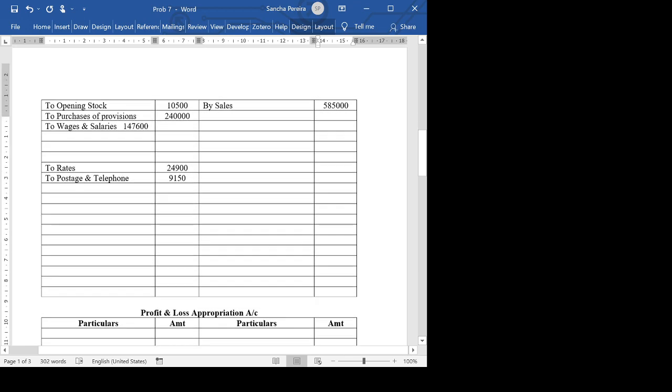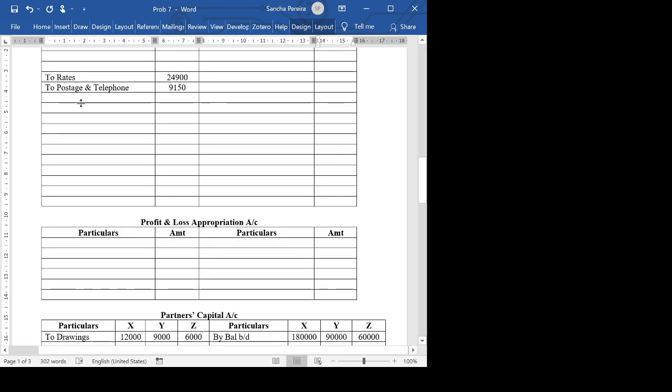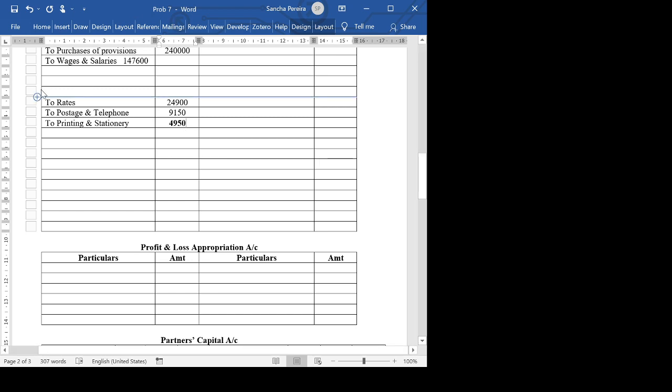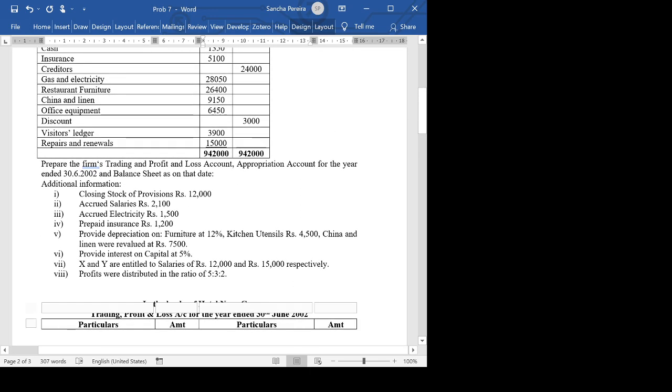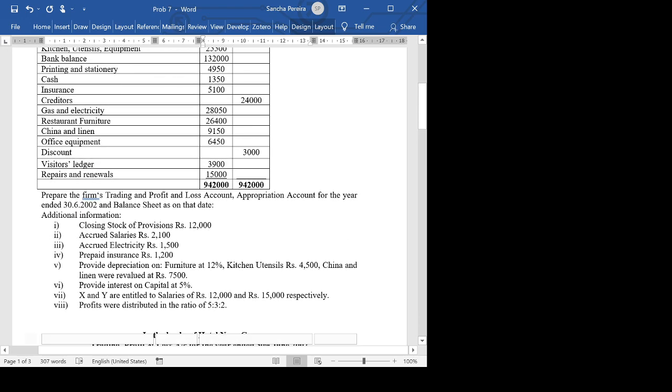Printing and stationery, 4,950. Then there is cash, 1,350.